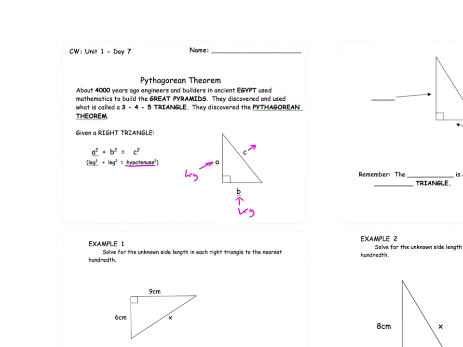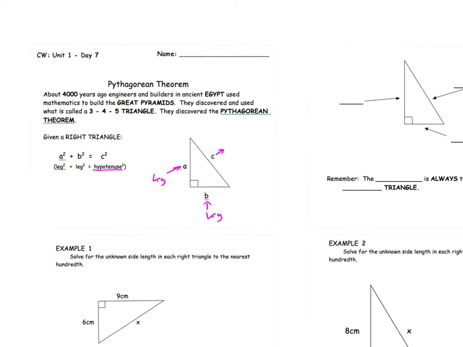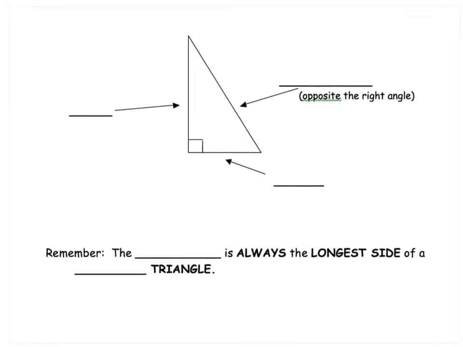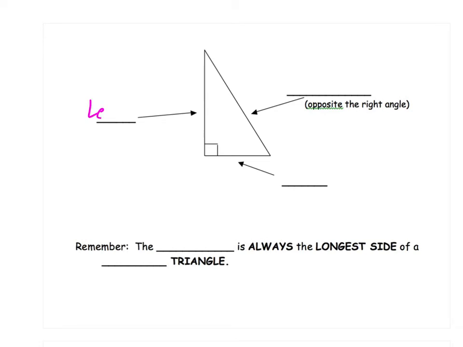So let's go to our blank triangle here on the next slide and take a look at this. The leg and the leg are always going to be adjacent, or next to, the right angle. The hypotenuse is always going to be opposite of the right angle.